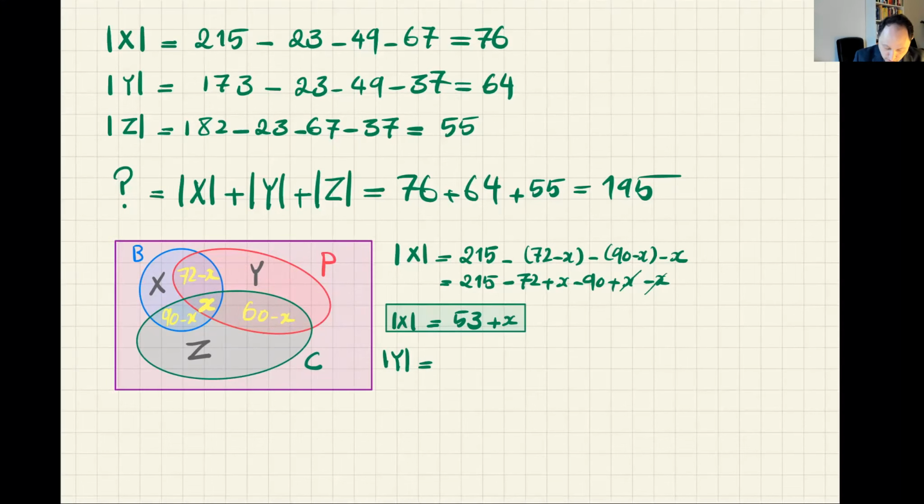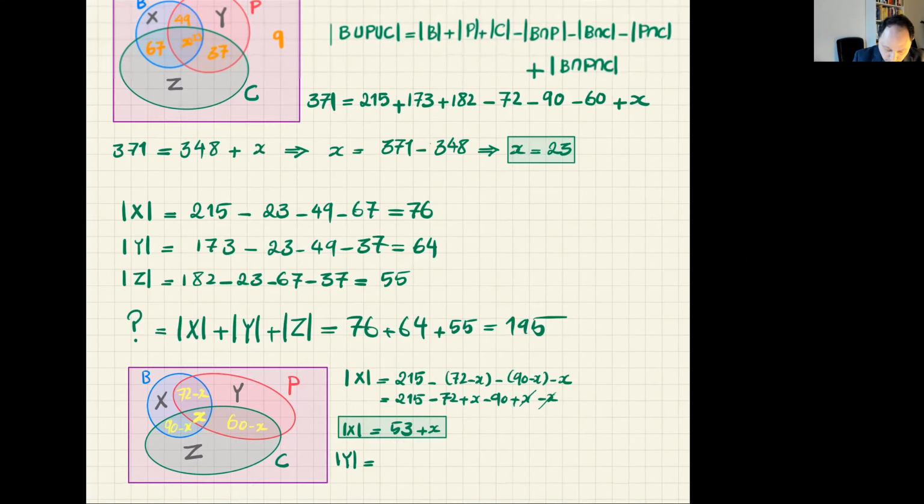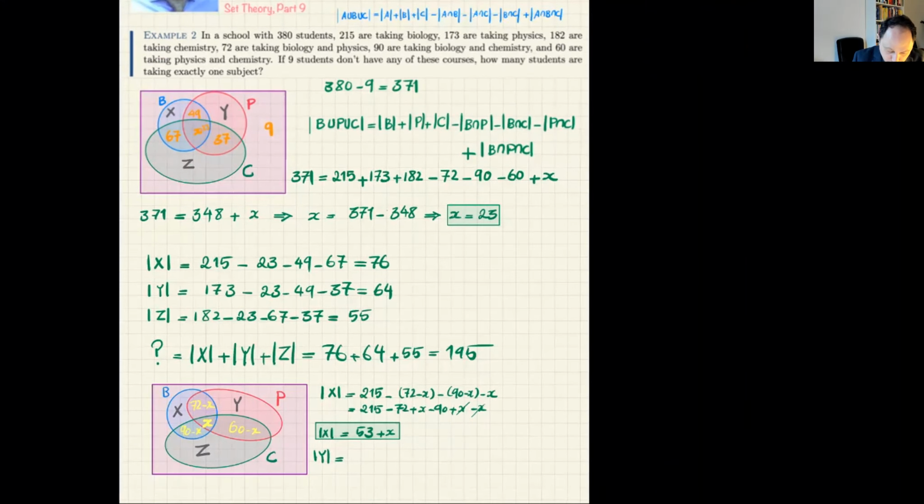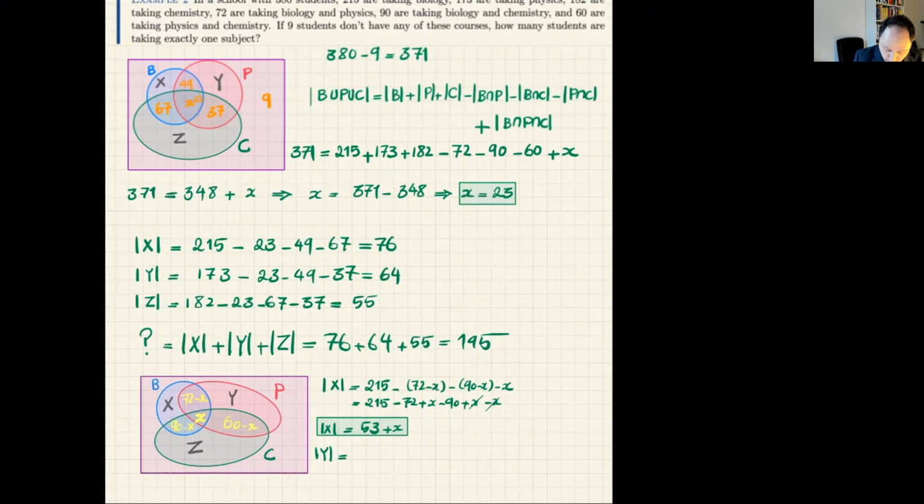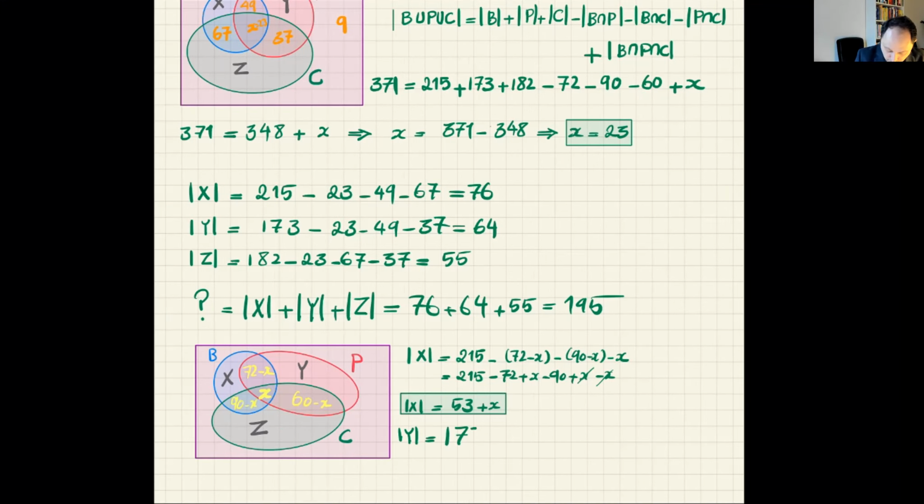So what is Y? I need to see how many people are studying physics. The people studying physics is how much? 173. Then I subtract 72 minus X, minus 60 minus X. Do you agree with me? The whole people here is 173. I want to find this part, so I need to take this one, this one, this one away.